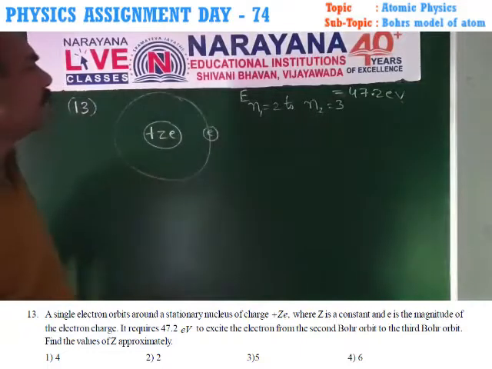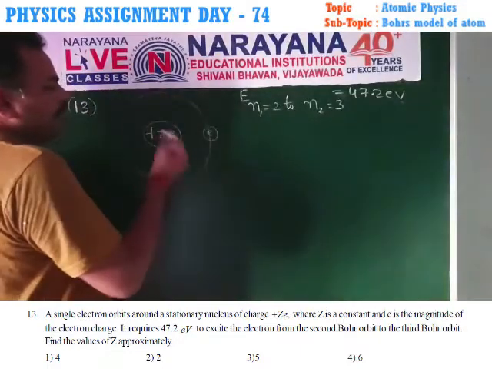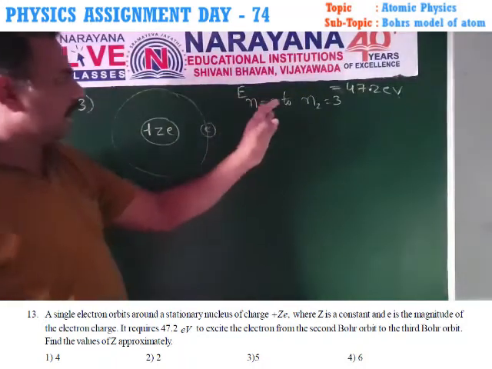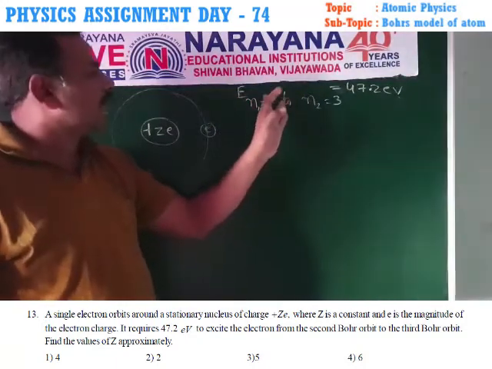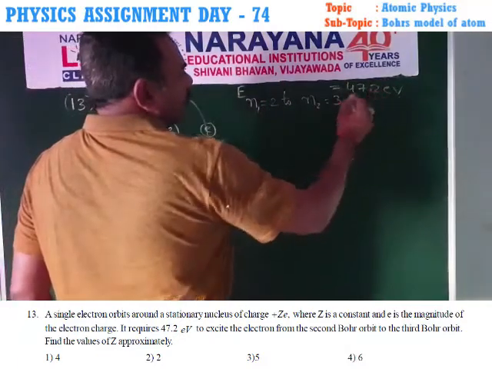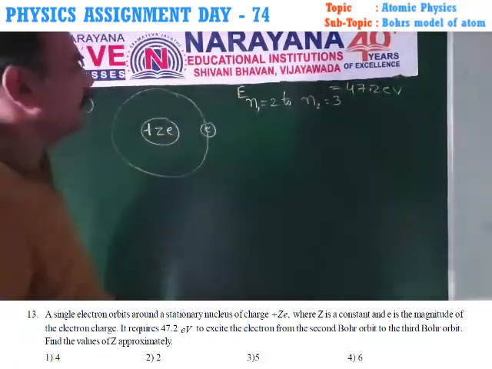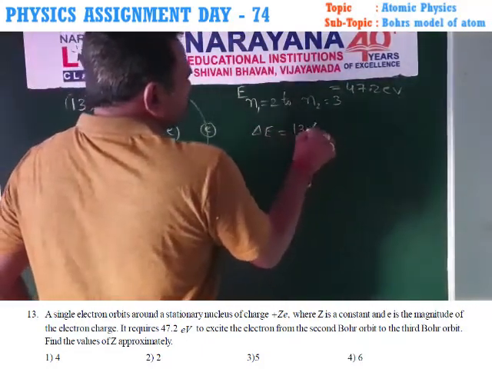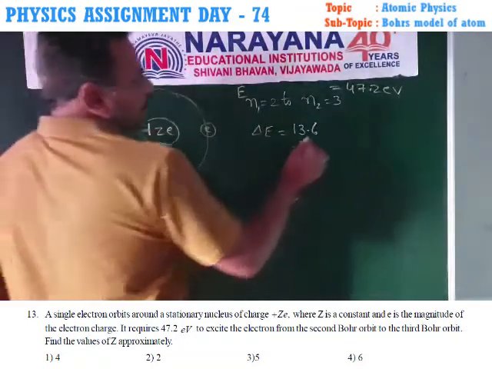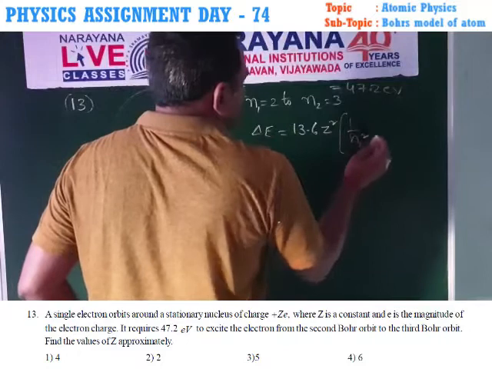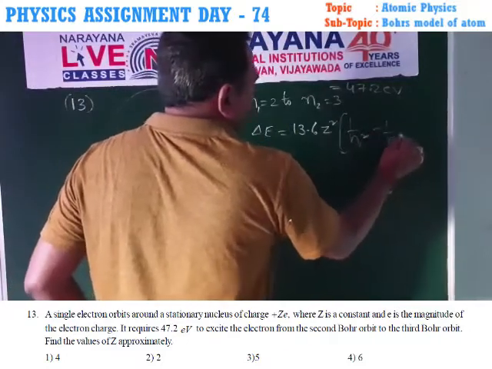In 13th sum, electron is revolving around a Z nucleus. The electron jumps from second Bohr orbit to third Bohr orbit. It requires energy of 47.2 electron volts. Here, the energy difference is written as 13.6 into Z square into 1 by n1 square minus 1 by n2 square.